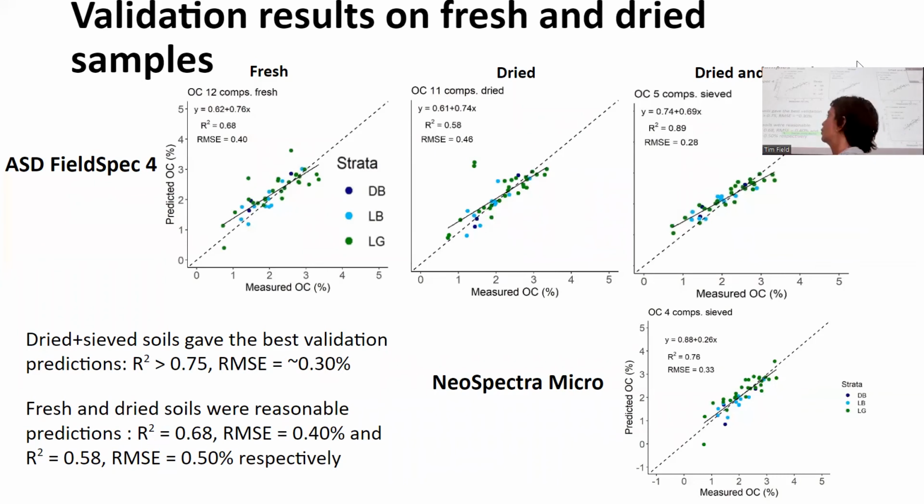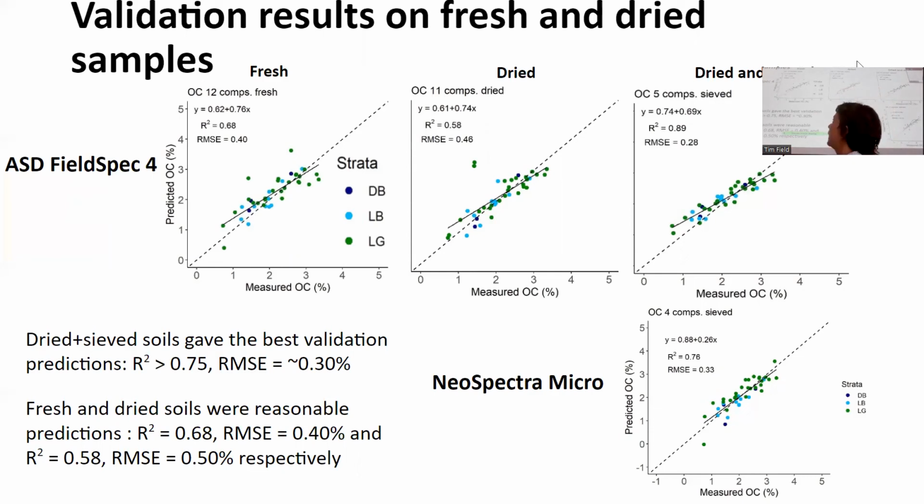As I said before, going through the three processing stages, you expect a better prediction, and that's what we found, simply because you're removing interference and you get a good contact with the scanner. So with the fresh soils, you're still getting an R-square of basically 0.7, so the closeness to the one-to-one line is like 70%.